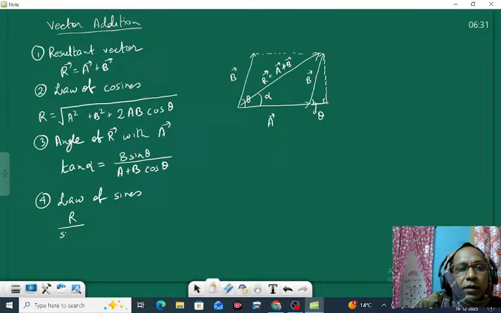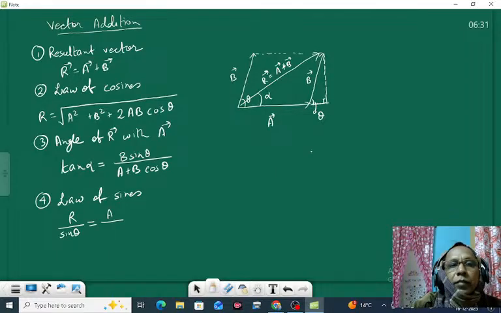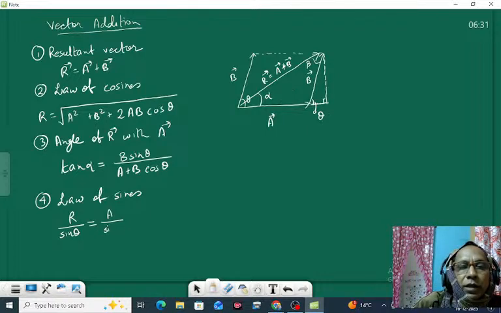R by sin theta is equal to A by sin beta, this is A, therefore this angle we take as beta, and that is equal to B by sin alpha.